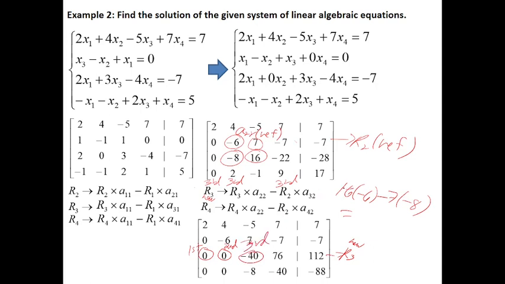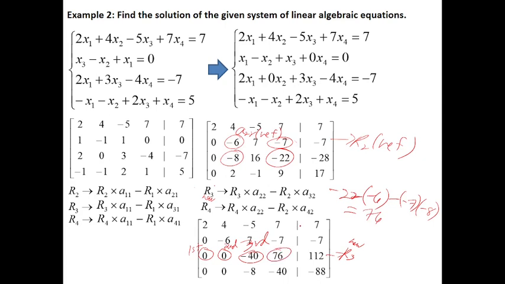And then, ito naman, negative 22, yung pang-apat. Negative 22 times negative 6 minus negative 7 times negative 8. Ano sagot? 76 po. Ayun. Okay.